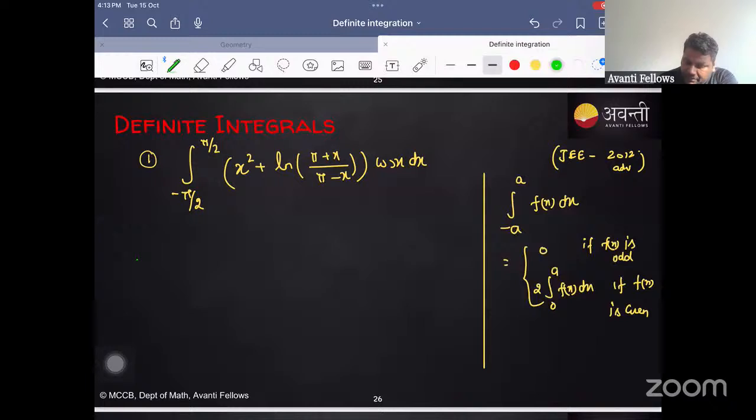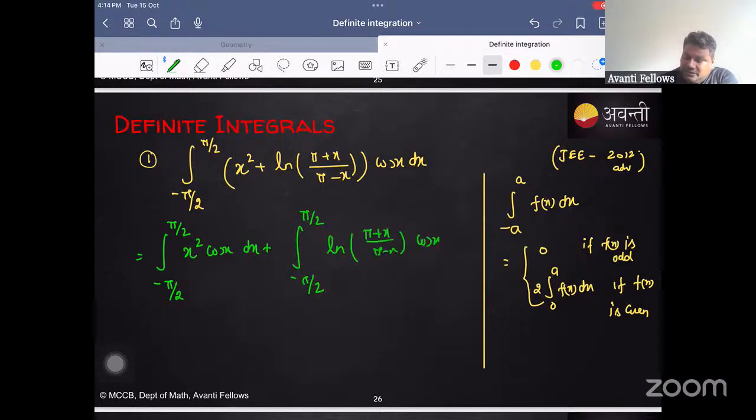Now if I split this from minus pi by 2 to pi by 2, one integration is x square cos x dx. Other is minus pi by 2 to pi by 2 of ln of (pi plus x) upon (pi minus x) into cos x dx.